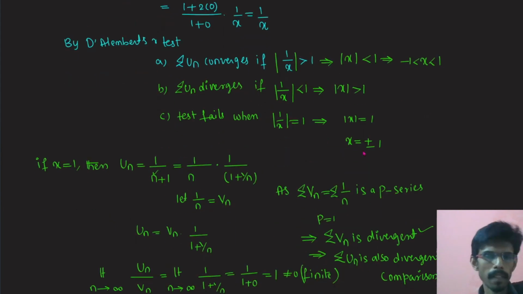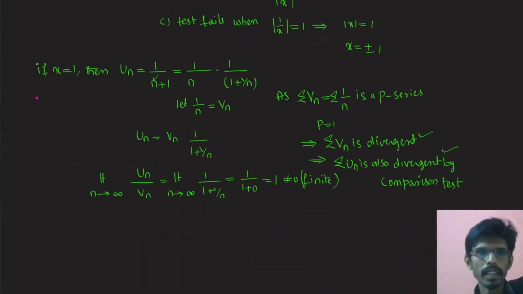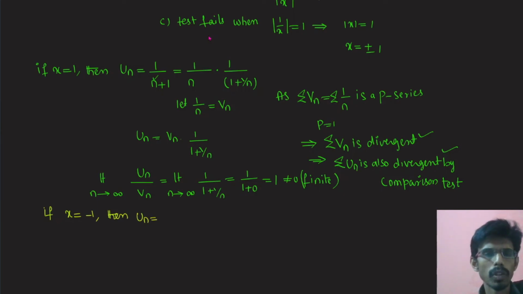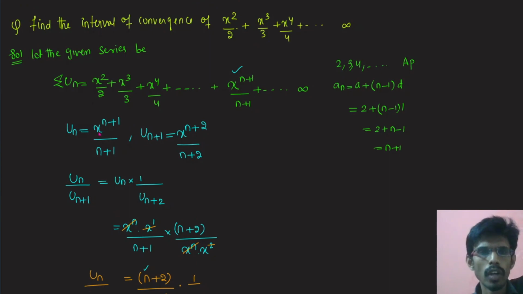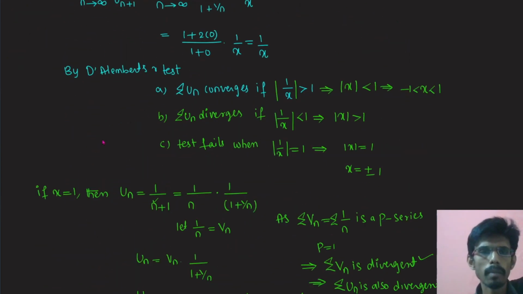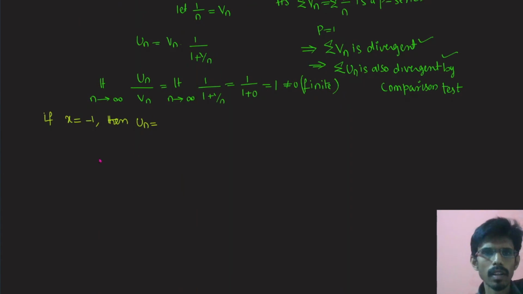Now let us take x value is minus 1, let us take this x is equal to minus 1, then we have un is equal to, if I take x value minus 1 here, this will become minus 1 power of n plus 1 by n plus 1.